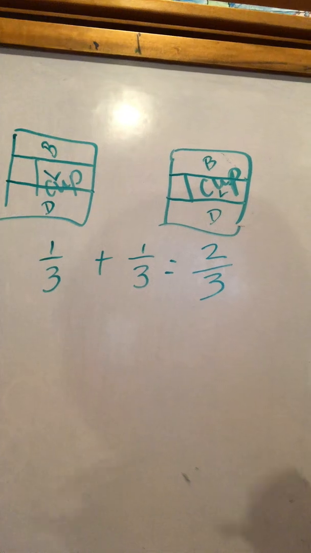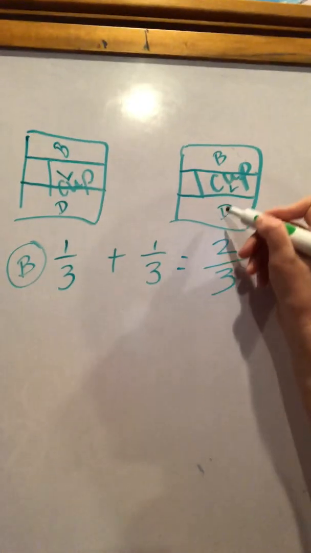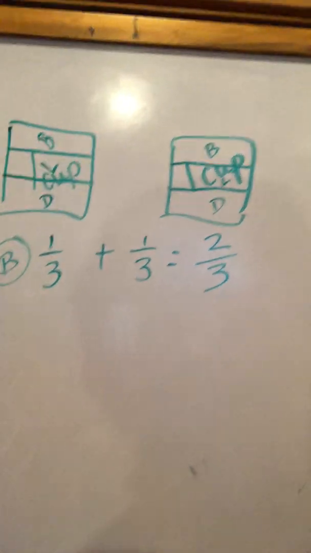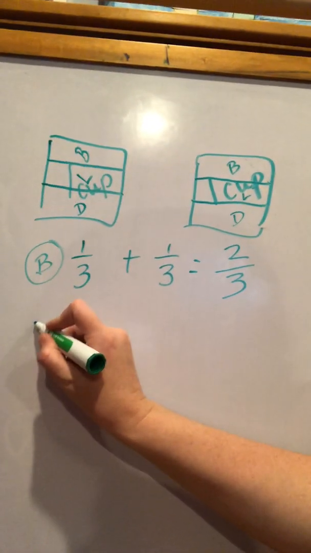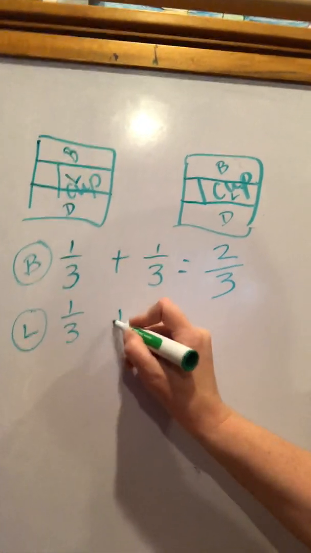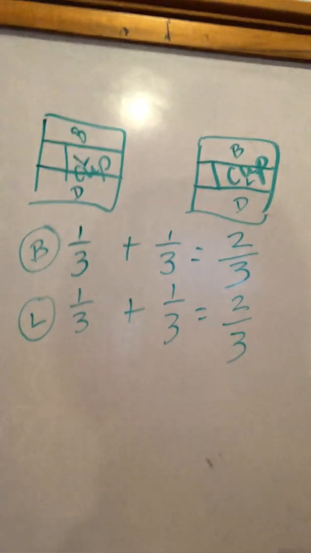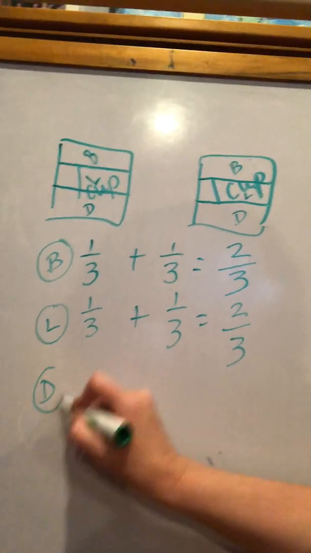Oh, I knew that. Okay, so for breakfast, taking 1/3 from this cup and 1/3 from this cup, he would need 2/3. For lunch, same thing. I would take 1/3 of this cup and add it to 1/3 of this cup, and that would equal 2/3. And then for dinner, same thing.